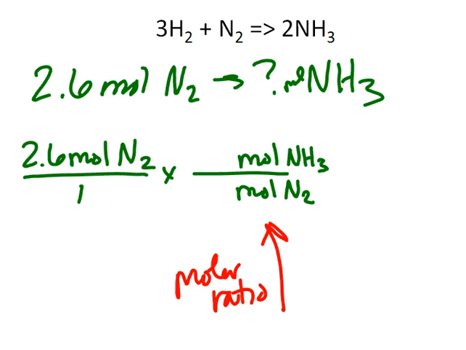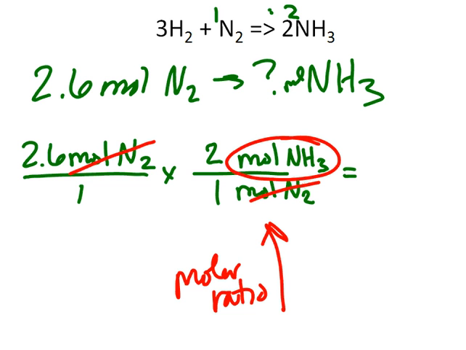So what is my molar ratio of nitrogen to ammonia? Well, nitrogen is 1 and ammonia is 2. So I have 1 mole of nitrogen for every 2 moles of ammonia. My moles of nitrogen cancel out, and I'm left with moles of ammonia. So that would be 2.6 times 2, which is 5.2. Make sure we're maintaining our sig figs.